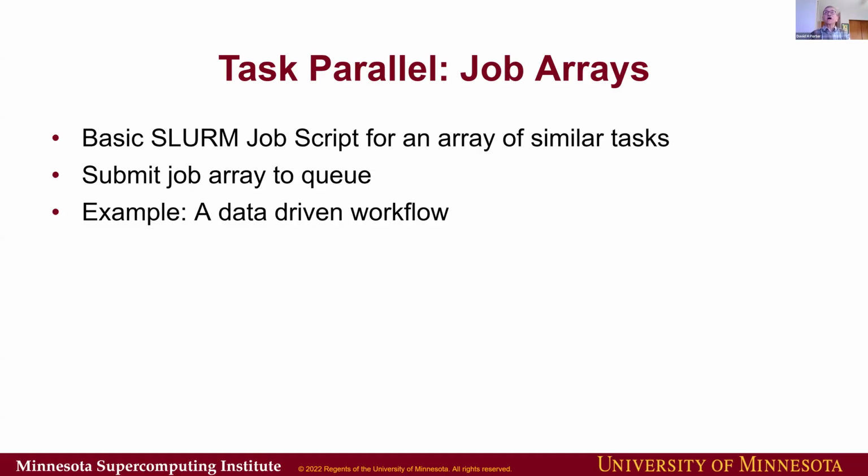I'll continue now with the first kind of parallel programming that I'll be reviewing here, task arrays. I'll start off with the basics of how you submit a job for a task array on Agate using the Slurm batch queue. And then I'll give a specific example of how you can use this to support a data-driven workflow.